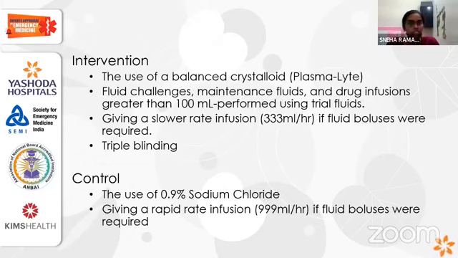The other intervention is giving a slower rate of infusion, that is 333 ml per hour, if fluid boluses were required. There was triple blinding: neither the patients, the physicians, nor the assessors knew what fluid was being given. The control group was patients where normal saline was used, and patients who got fluid administration at a rate of 999 milliliter per hour.